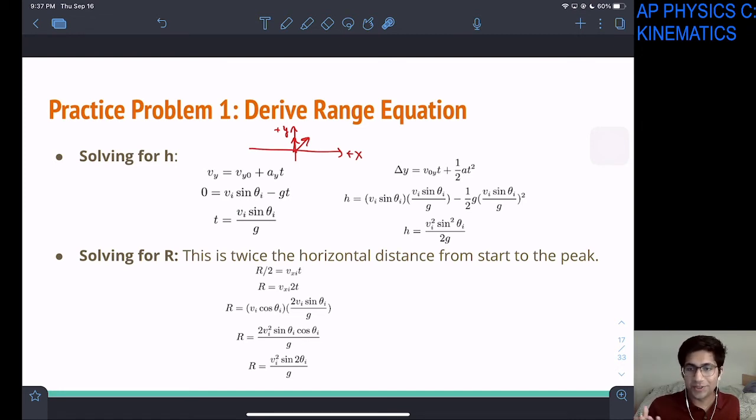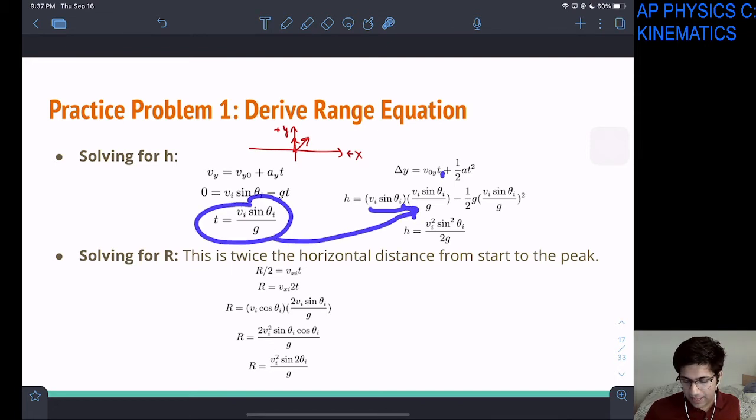Our displacement in the y direction is equal to our initial velocity times time plus 1/2 at squared. So our displacement is going to be h, right? That's our height. And our initial velocity is going to be vi sine theta. And time, we just solved for time over here, so we can stick that in right over there.